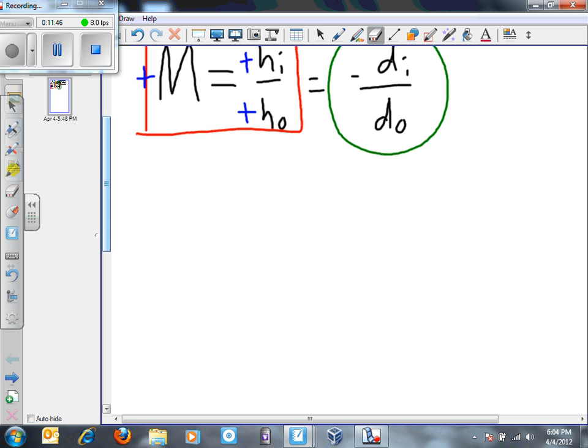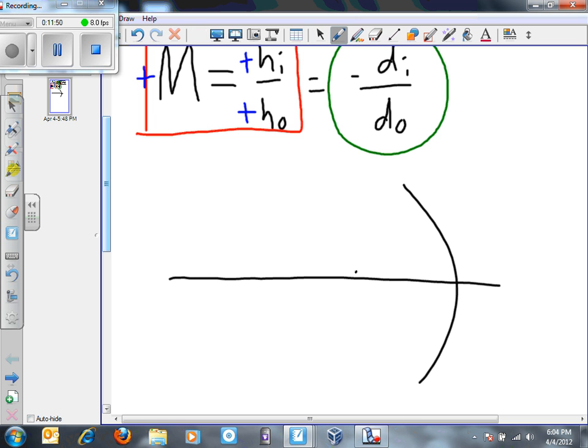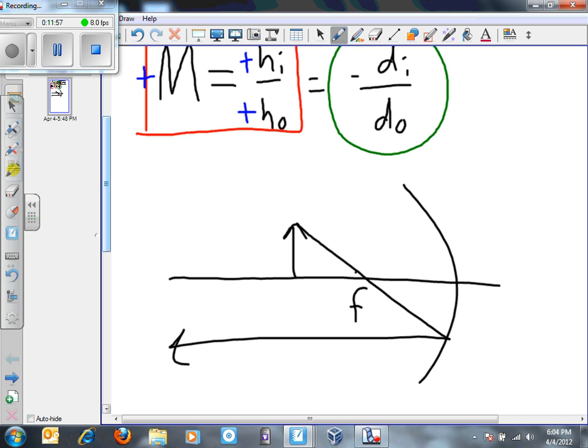If we have a situation like this, and we do a quick ray tracing to find out where our image is, we find our image here.